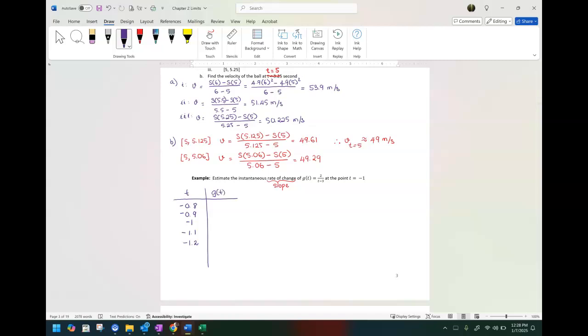So we plug t into the equation g of t equals 2 over t minus 3. At negative 0.8, g of t equals negative 0.5263. Negative 0.5.